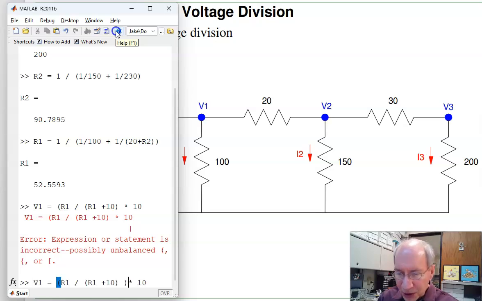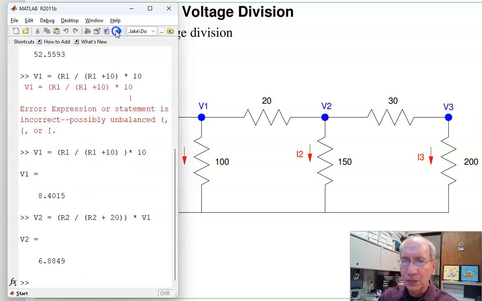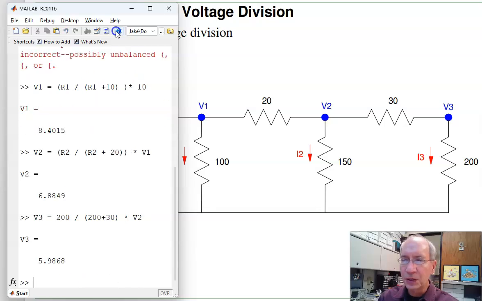In this parentheses, 8.4 volts. V2 is R2 divided by R2 plus 20, that percentage of V1. V3 is 200 over 200 plus 30, that percentage of V2. That's finding the voltage using Matlab.